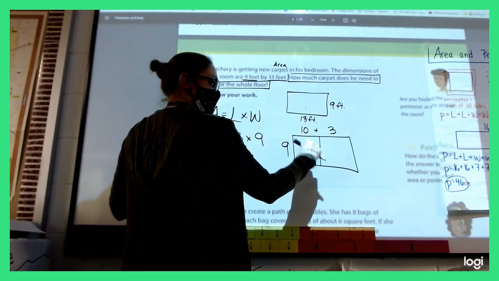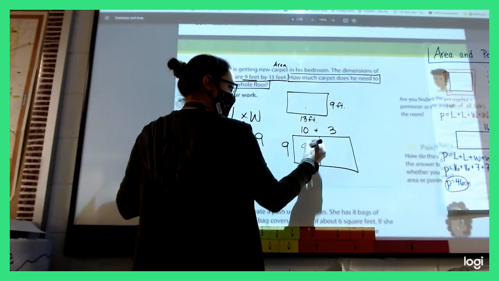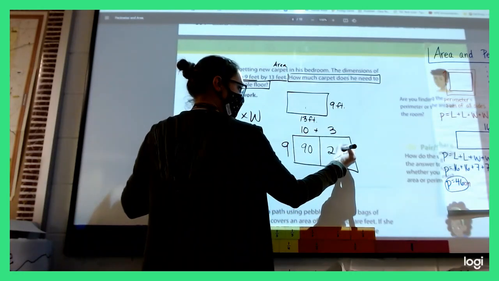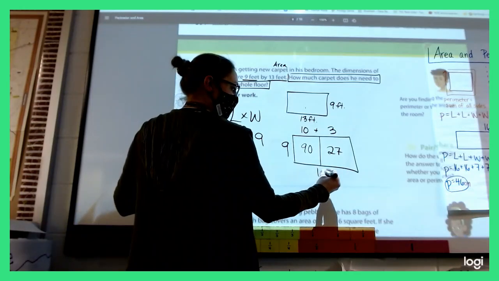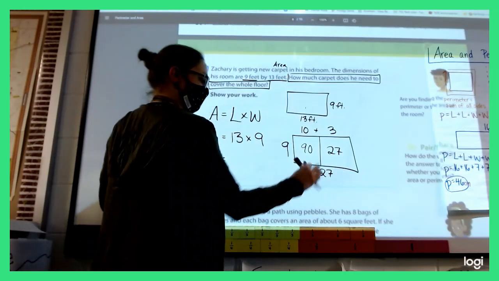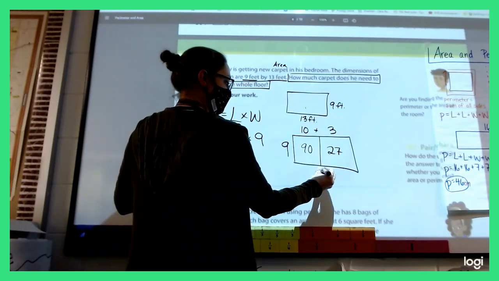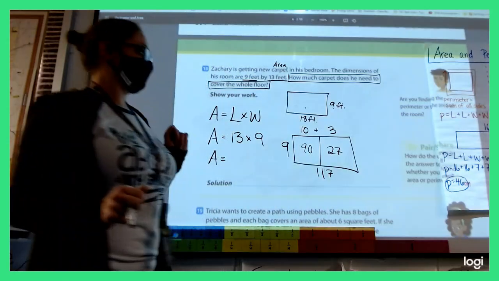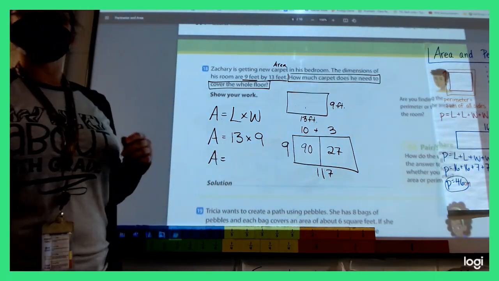And then remember, we multiply to find what goes in the box. So 9 times 10 is 90. 9 times 3, 27. If I add those together, I would get 127. Nope, this is where I made a mistake. 117, that looks better. So if you don't like partial products, you don't ever have to use it unless you see it on a test.